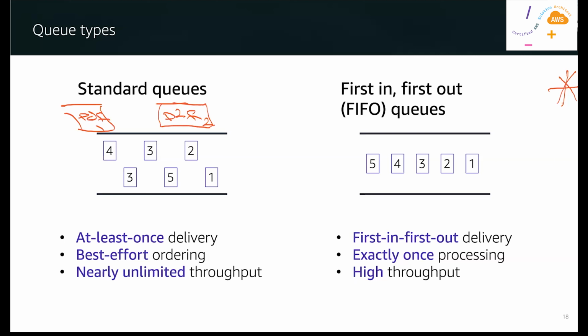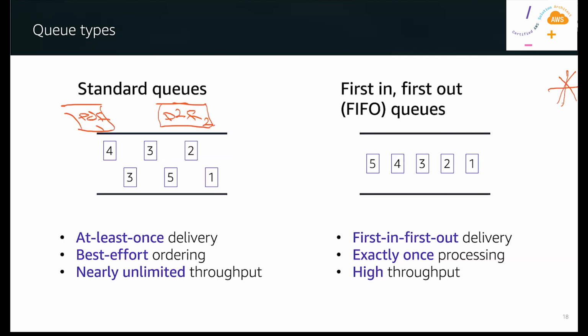Now what about first in, first out queues? From the name, we can understand that the messages will be delivered in order. So the first PDF is always processed before the second PDF. The second difference is that it gives you exactly once processing. So it can guarantee that the message will be processed by the consumer exactly one time.